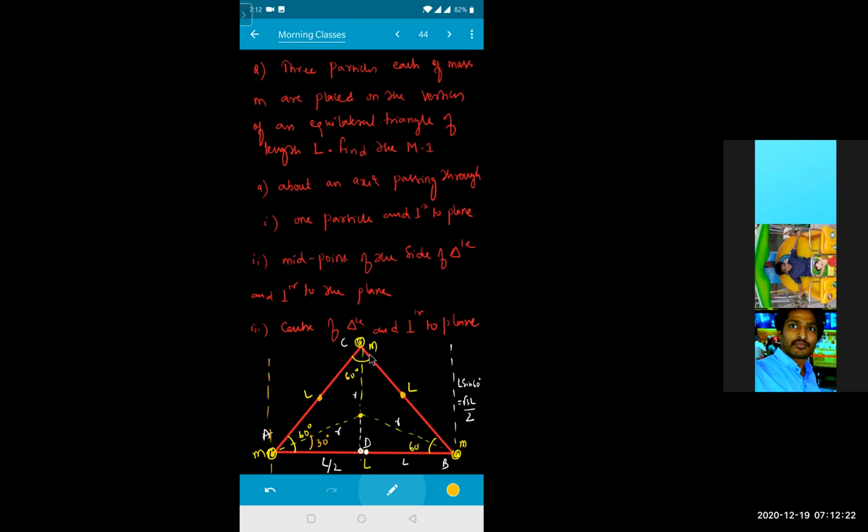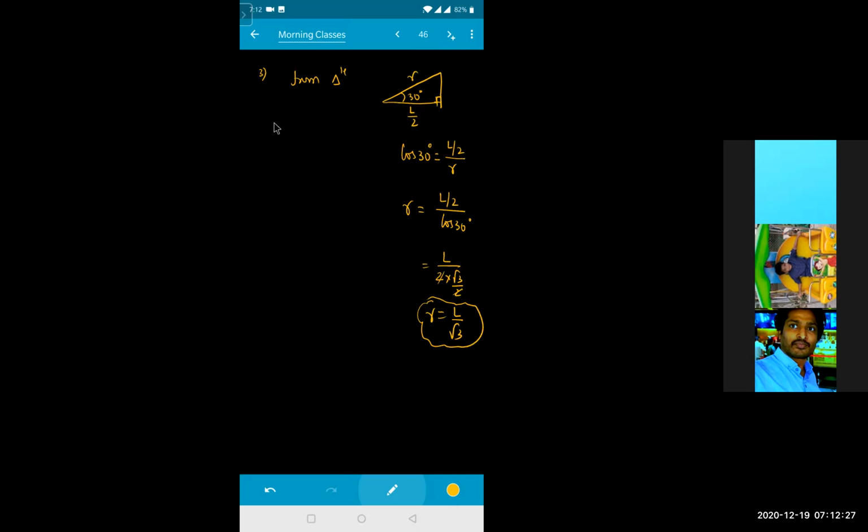Now this axis from each particle is the same, r, r, r. So I is equal to m r square plus m r square plus m r square, which is 3 times m r square. With r equal to L by √3, 3 into m into (L/√3) whole square. The 3 and 3 get cancelled, so the moment of inertia for this one becomes m L square.